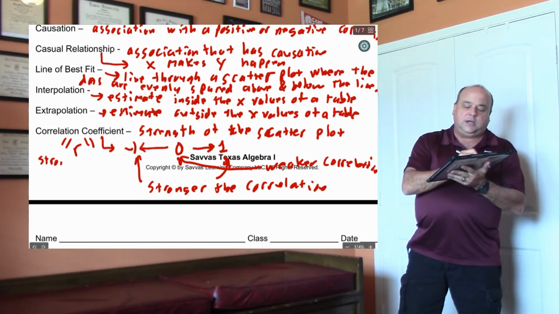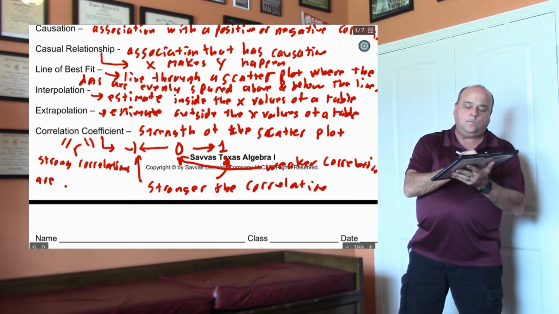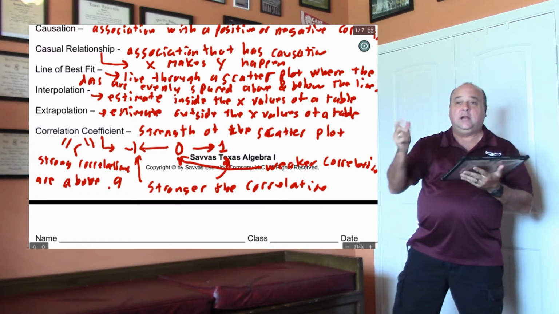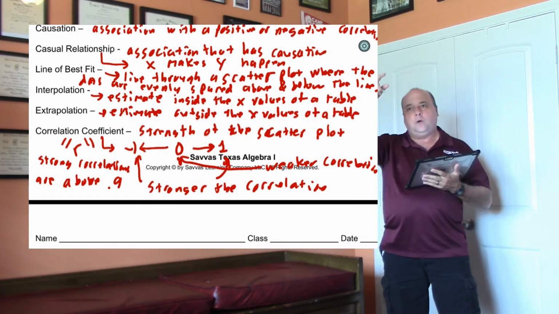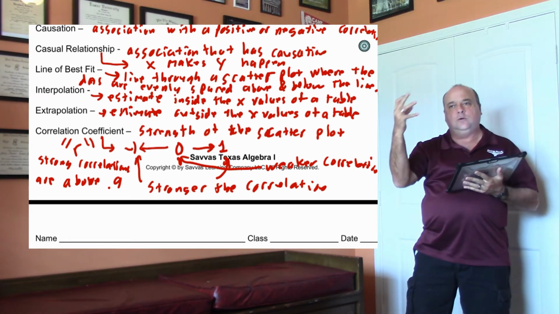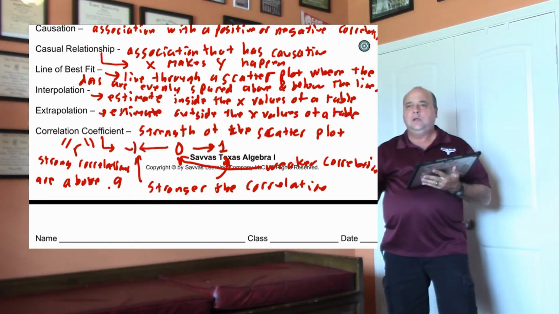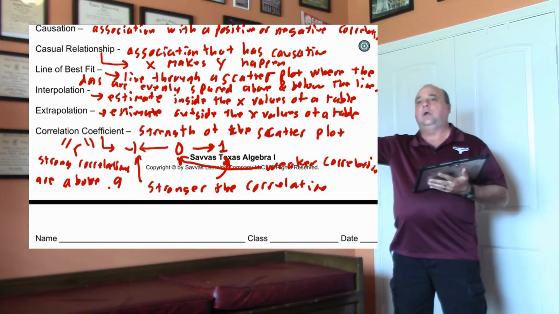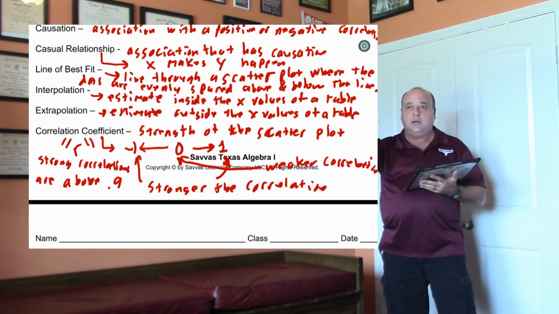The strong correlations are above 0.9 or -0.9. So if the correlation coefficient is 0.9 or greater or -0.9 or beyond, it's a strong correlation. The closer it is to 0 is weak. So like a 0.7 would be kind of like a medium correlation. Okay, so closer to 0 is weak, closer to -1 or +1, the stronger. Okay, that's the correlation coefficient.